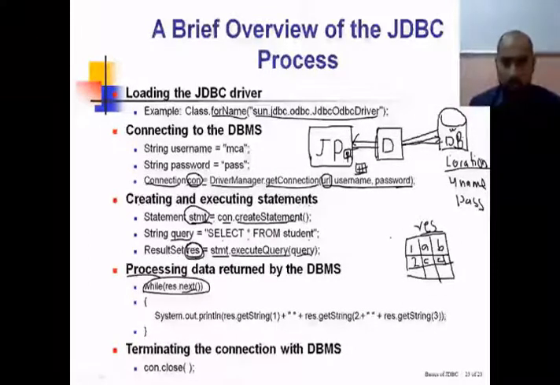Every ResultSet has a virtual cursor which initially points above the first row, and if you want to read information from a particular row, you need to move the virtual cursor to that row first. When we call res.next, the cursor is moved to the next row, here the first row.